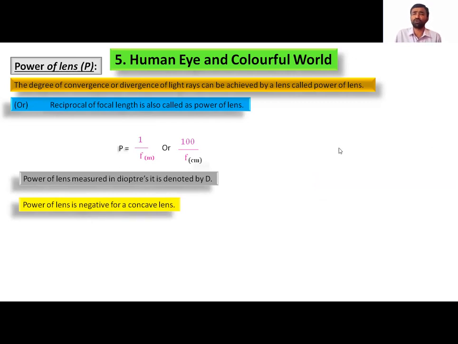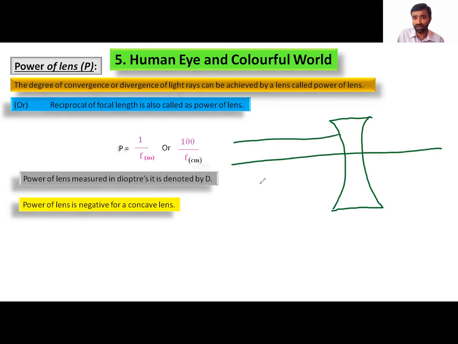Sir, how do you say power of a lens is negative for a concave lens? Simple. Suppose I take a concave lens. If you focus a parallel beam of light rays on the double concave lens, after refraction they diverge. If you go in the backward direction, they meet each other at a point.